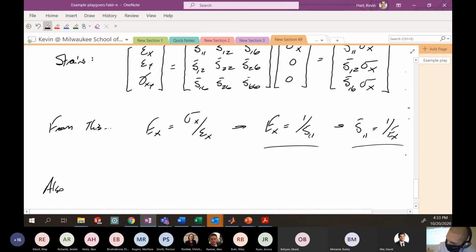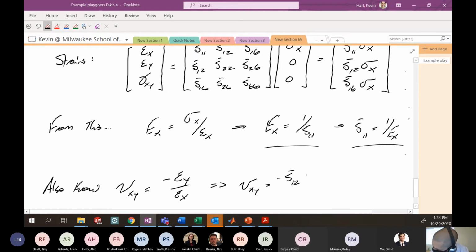So we also know that we could define a Poisson's ratio, which is the ratio of the negative transverse strain to the longitudinal strain. This is your definition of Poisson's ratio. And this led us to something like nu xy is negative S bar 1, 2 sigma x over S bar 1, 1 sigma x.